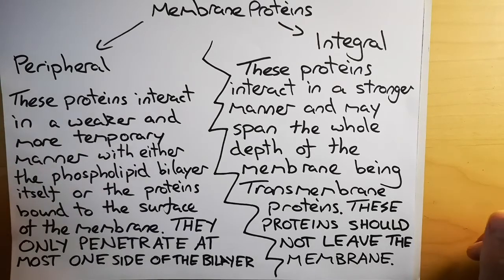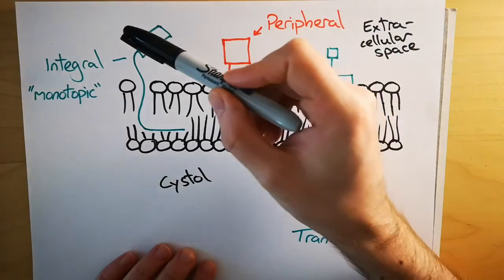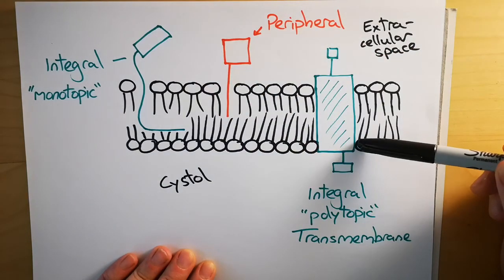But I'll give you the little diagram and hopefully that should allow you to see what's going on here. Okay, so hopefully this clears up any potential confusion, as I appreciate there may be potential confusion with something that's going a little bit deeper than we've gone before. So these two are both integral proteins.